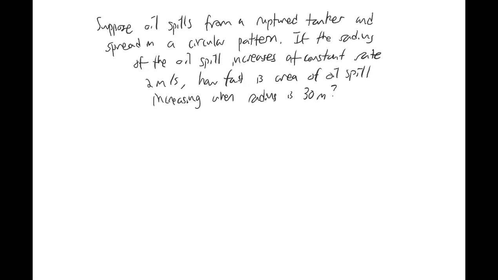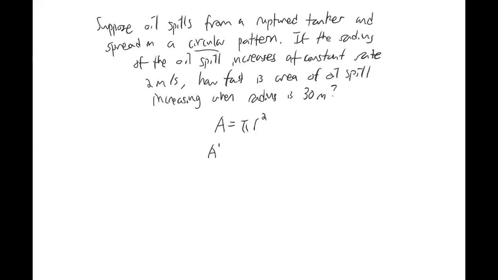So any ideas what equation we should use? So it wants area, right? It tells you it's a circular pattern, right? So it's the area of a circle. And then same thing.